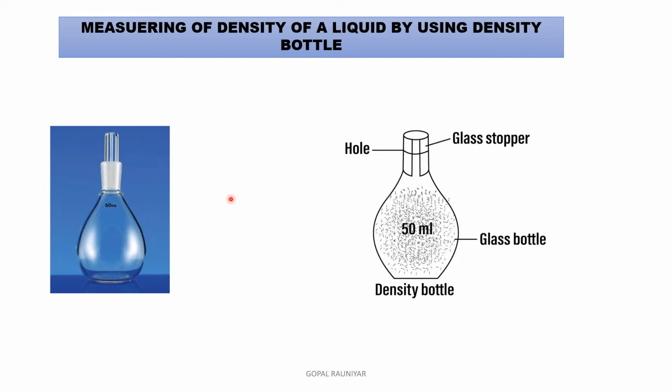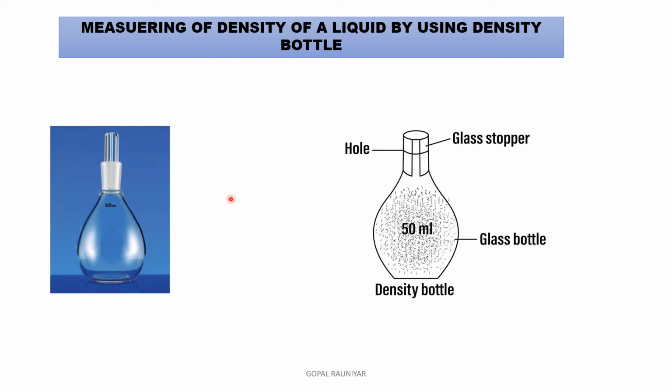Now, what are the methods to determine the density of a liquid? First, we have to wash the density bottle with distilled water. Then we have to dry it in hot air, insert the glass stopper and measure the empty bottle on a physical balance. This gives the mass of the empty bottle. After that, we have to fill the density bottle completely with distilled water and then insert the glass stopper.